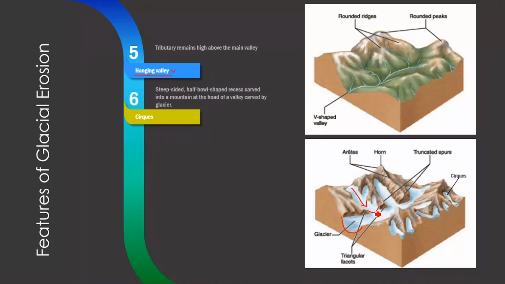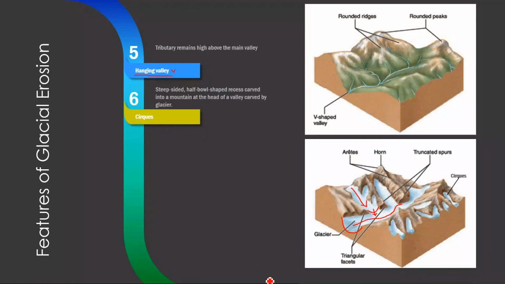In the case of a river, we have seen there is a downcut activity, and this downward cutting will, immediately or after some time, convert this valley's depth to the same level as the main valley. So that we call the local base level of erosion. But in this case, that process doesn't happen. As a result, the tributary valley will be at a higher level compared to the main valley.